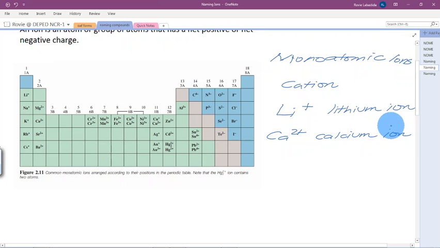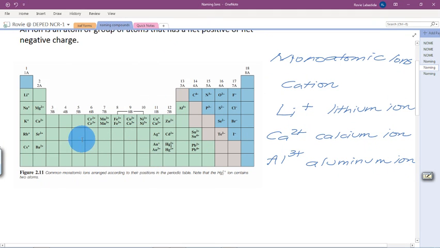As simple as that. Let's have another example. How about Al3+? Al3+ is actually aluminum. Again, name the metal first and add the word ion. Aluminum ion.